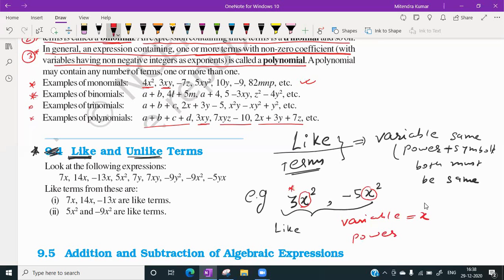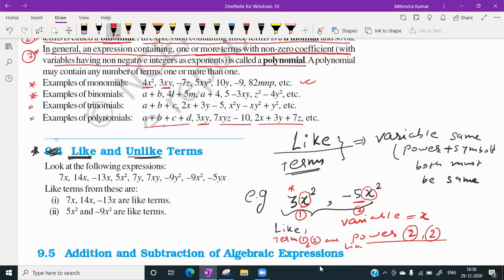Power of the variable in the first part is 2 and in the second part it is 2. So in both places the power is 2 and the variable is x. So you can say these two are like terms.